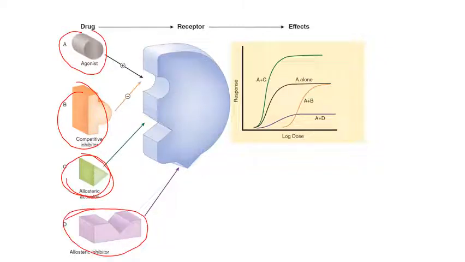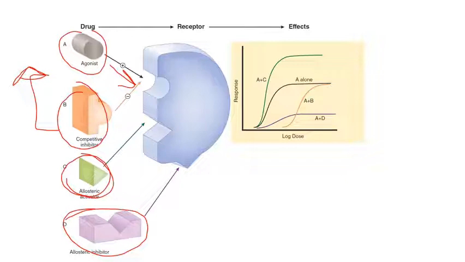In case of binding of agonist with the receptor, this will convert the receptor to the activated state and give a response. But in the presence of competitive inhibitor, it will compete with the agonist for the binding site, and there will be shifting in the drug receptor interaction.